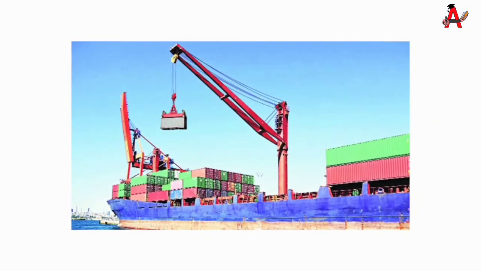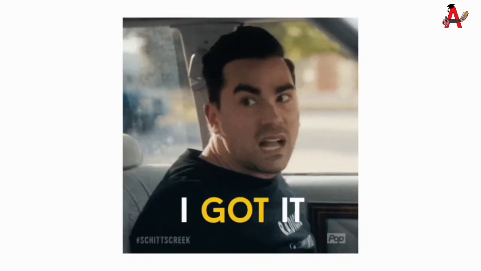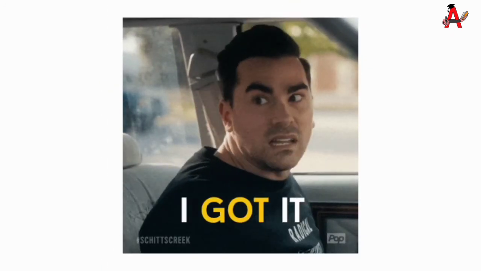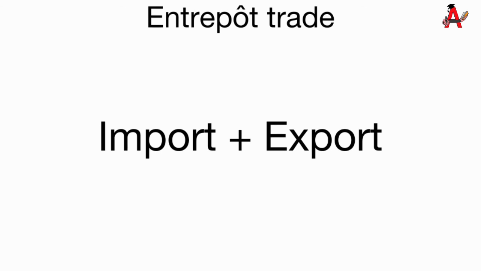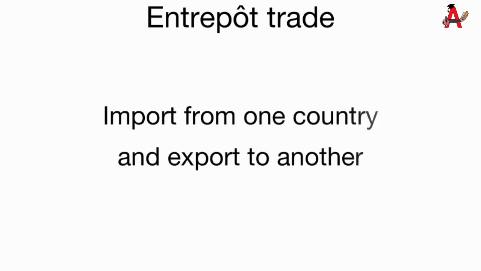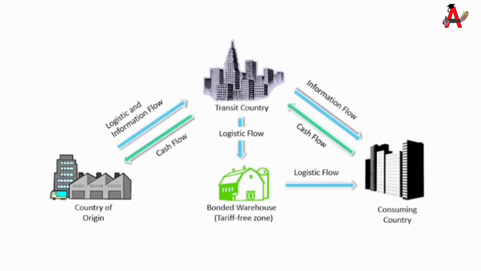So when India sells something to China, we are exporting. Whereas when we buy something from the US, that is called import trade. And the last is entrepot trade. It is a combination of import and export, wherein we import from one country and then export to another country.